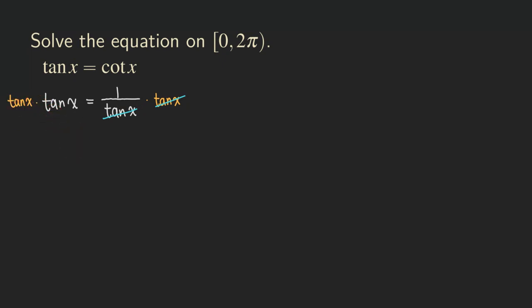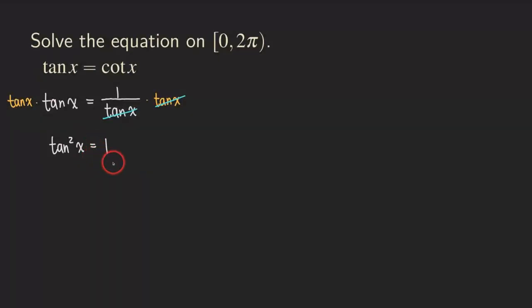So we get tangent square x, and that's equal to tangent x times 1 over tangent x, which is just 1. So now we get tangent square x is equal to 1.